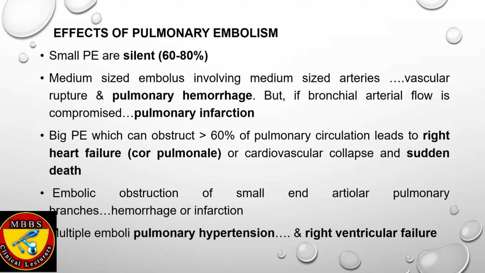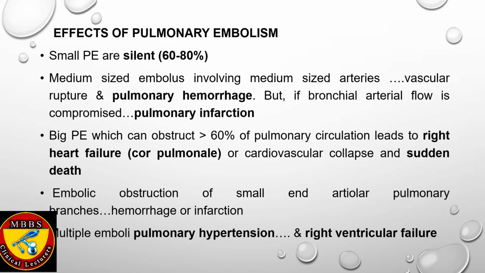Now another effect of pulmonary embolism could be right heart failure. When the obstruction is more than 60%, it can lead to right heart failure, which is also called cor pulmonale. Or it can even lead to cardiovascular collapse and sudden death.